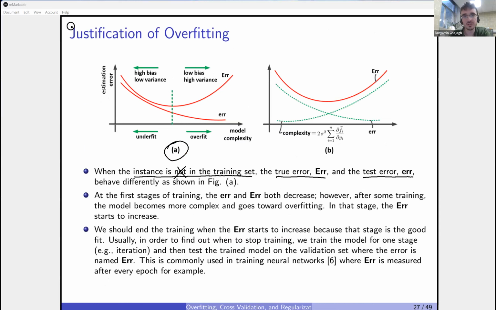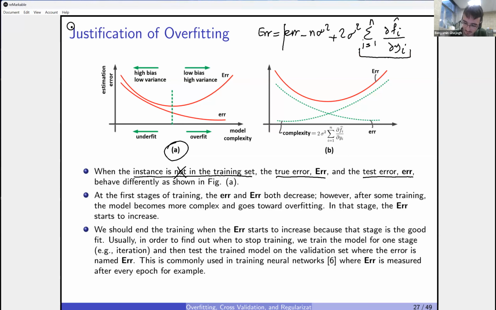We had true error equals empirical error minus n sigma squared plus 2 sigma squared times the summation from i equals 1 to n of the derivative of f_i hat with respect to y_i. And we said this is a measure of complexity. We discussed that, right?